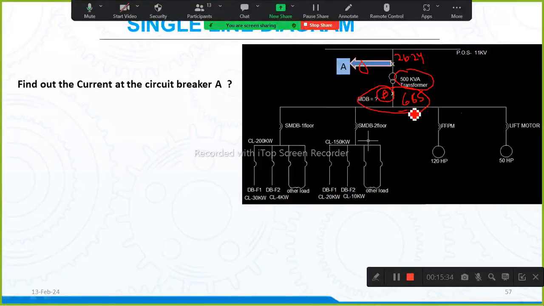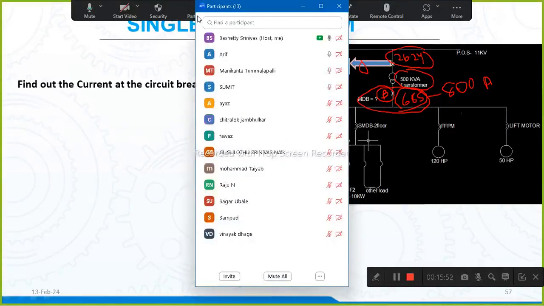I told you MCCB; suppose market availability is 800 amps, you will go with MCCB of 800 amps. Up to 63 amps, MCB. Yes, but do you think incomer is MCB, outgoing is MCCB? No, sir. What do we need to do?